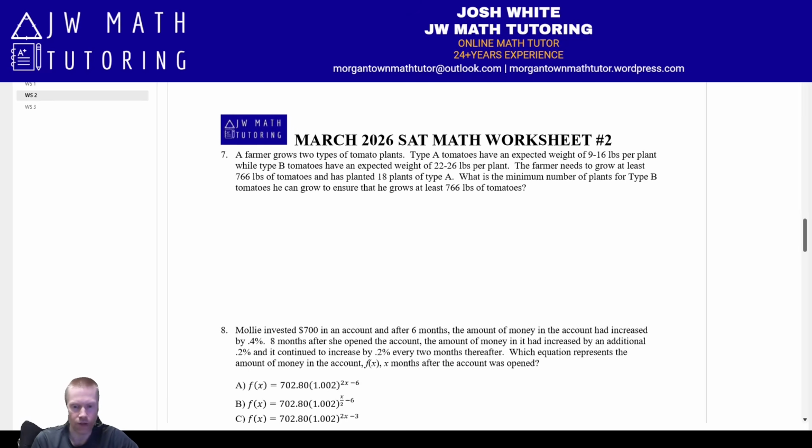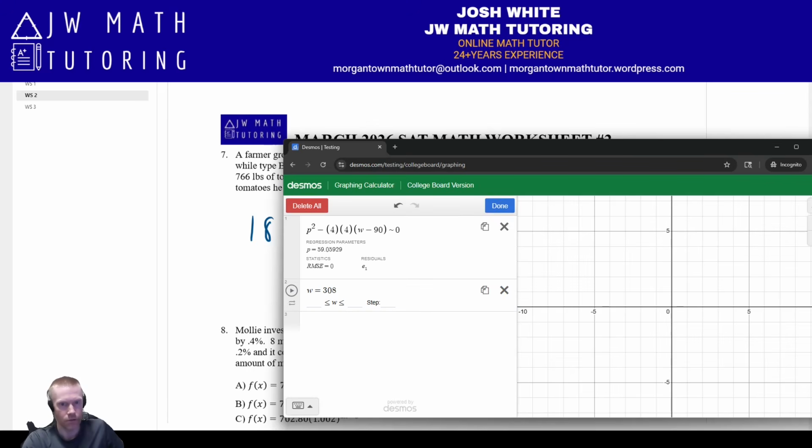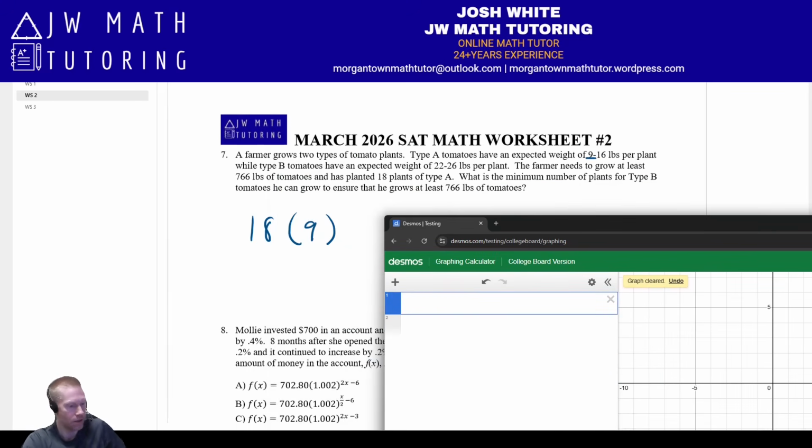All right, so essentially what you need to do here is take the 18 plants for type A and multiply them by the minimum possible weight for type A. You basically need to do this as cautiously as possible. So the minimum pounds of tomatoes you get from type A would just be 162 pounds.